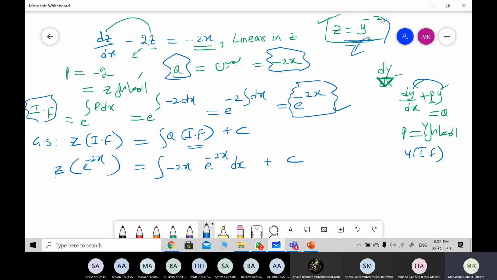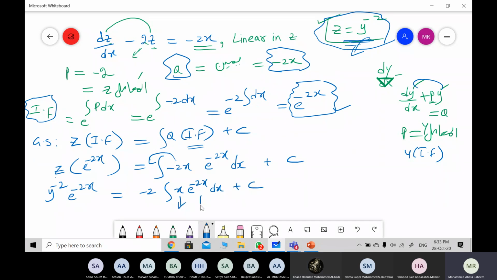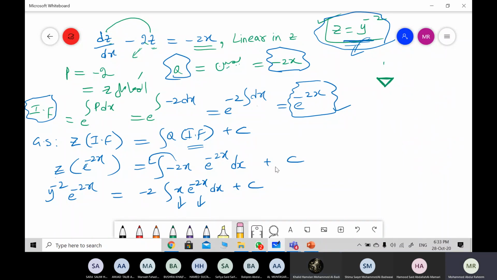Z how much? Y over e power minus 2x. This minus 2 kicks out because it is constant. Which integration do we need to use here? By parts. Good, correct. Why by parts? Take x as the first function, and its derivative is 1, and this derivative is 0. Integral: divide by minus 2, again integral gives minus 2, multiplied by 4.